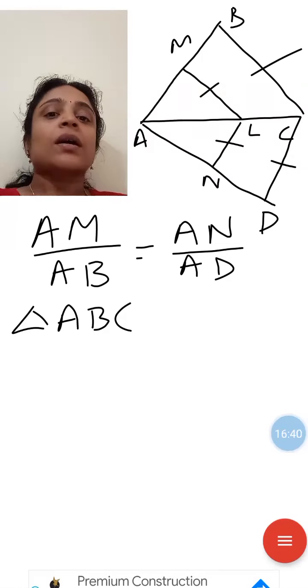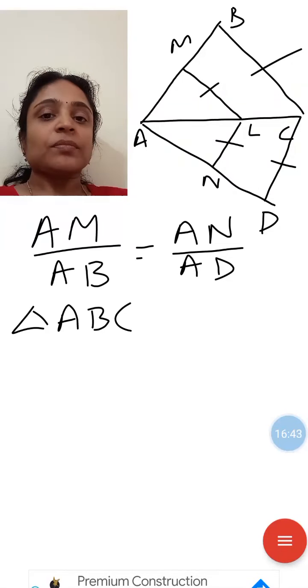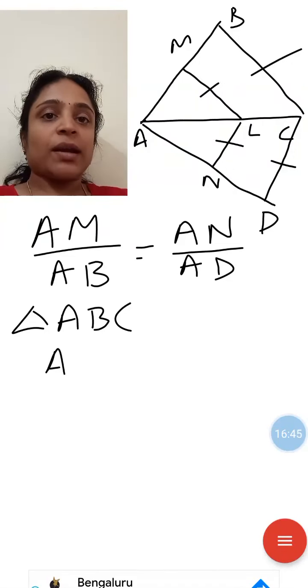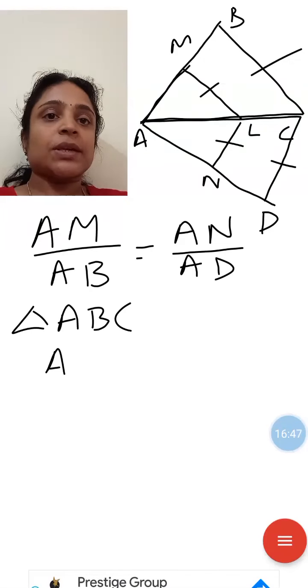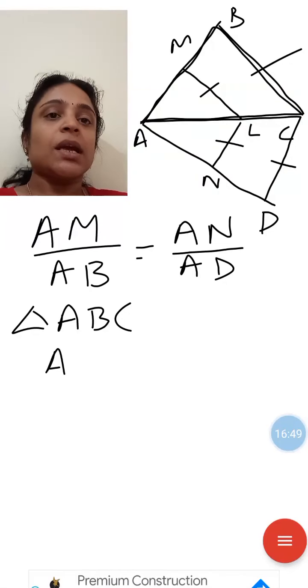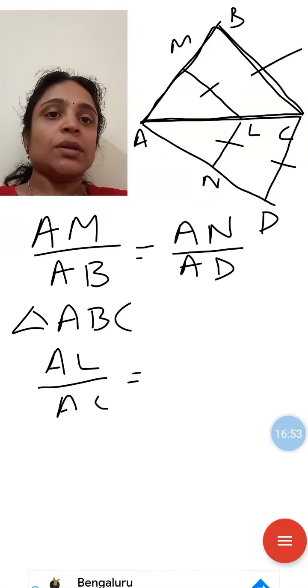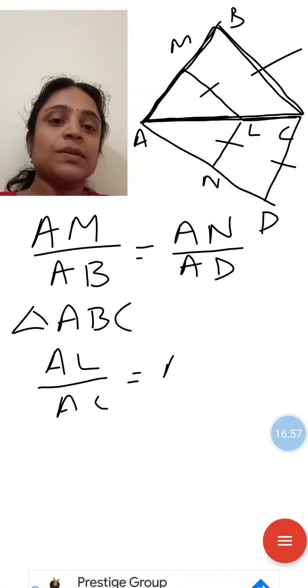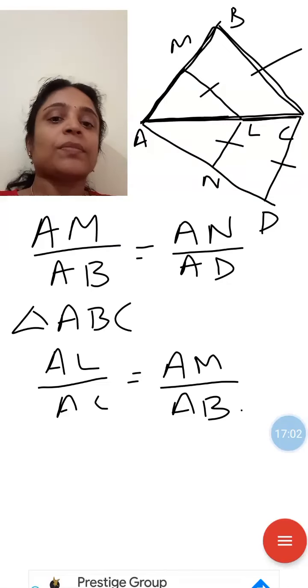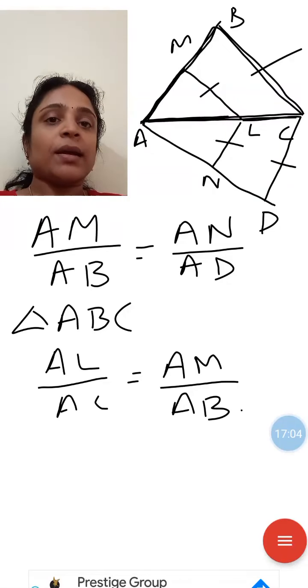Here, considering triangle ABC, AL by AC equal to AM by AB, right? AM by AB. And consider triangle ADC.